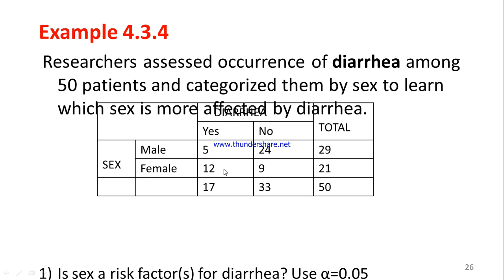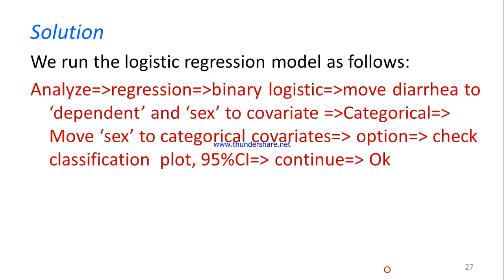And because the outcome variable is dichotomous: developed diarrhea or did not develop diarrhea. There are two. So to do this, we have to answer this question: is sex a risk factor for diarrhea? Use alpha of 0.05. So let's do this together.